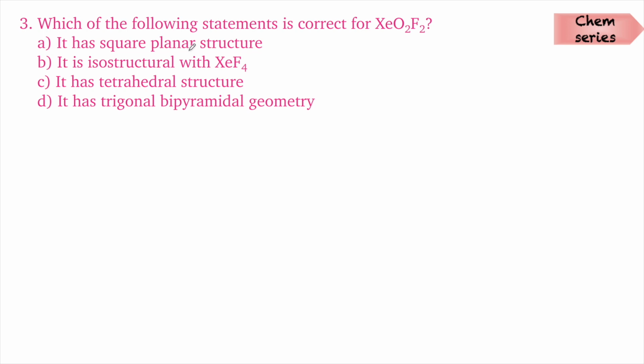Which of the following statements is correct for XeO2F2? It has square planar structure, it is isostructural with XeF4, it has tetrahedral structure. The fourth option is it has trigonal bipyramidal geometry. So first we will look into the structure of XeO2F2, then we will see which option fits.